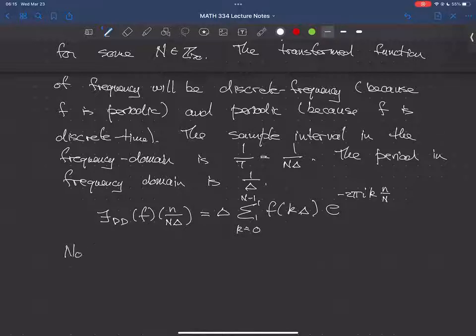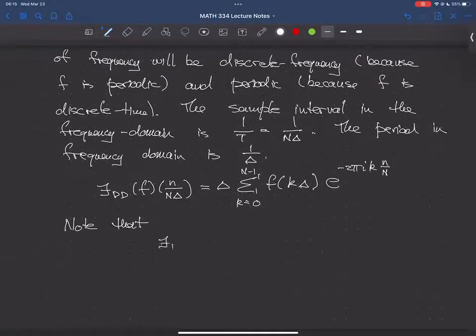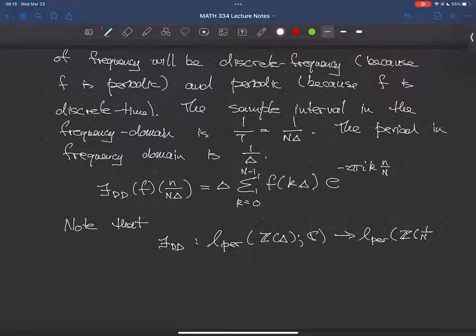And so notice that F_DD is a mapping from where to where? Well, it's going to be discrete time periodic, so that's L per, with sampling interval delta, into, again, discrete frequency periodic, with sample interval 1 over N delta.